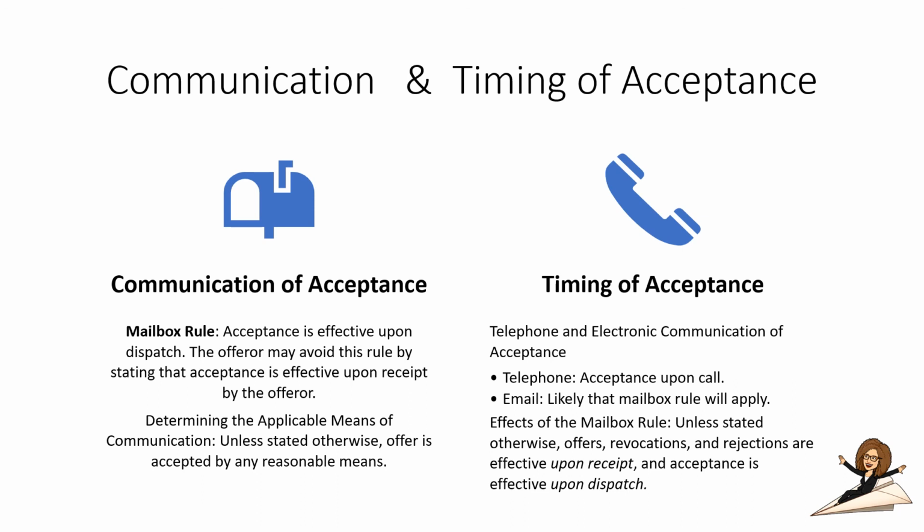So that's where the problem is, because if they do that, if the offeror sells the textbook to the third party and you, the offeree, could prove that you sent your acceptance before that other contract was entered, then you would have a binding contract for the textbook for $50.